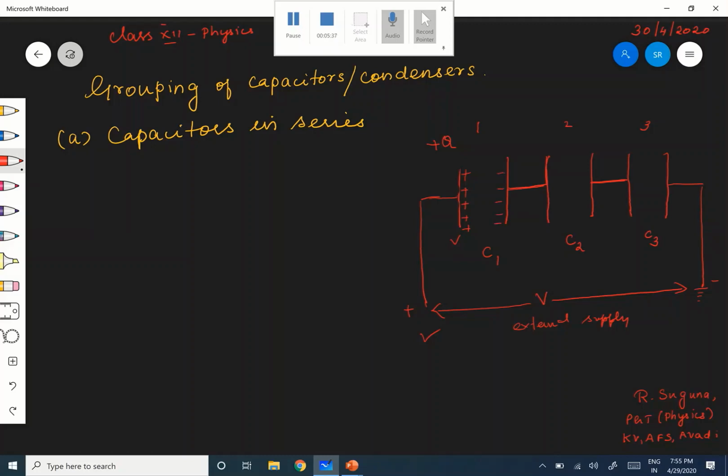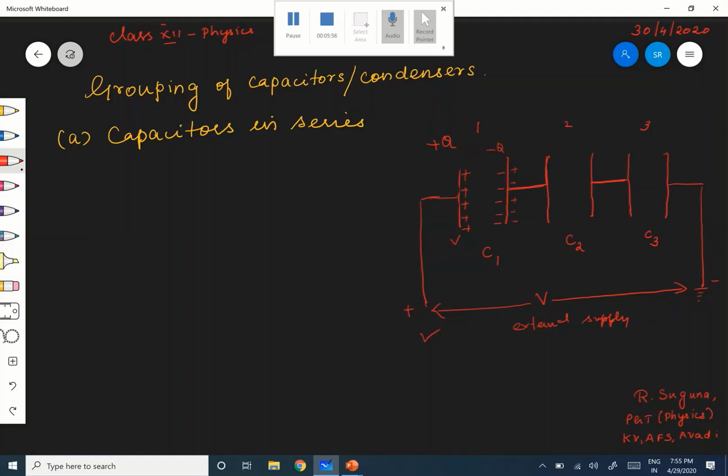If plus Q, it will become minus Q, because it is only separation of charge, induction only. And the positive charge, an equal number of positive charges, will be on the other plate of that capacitor.